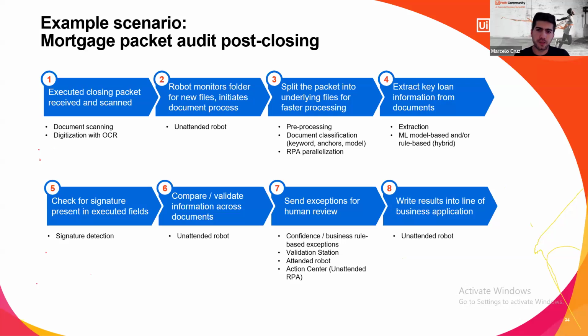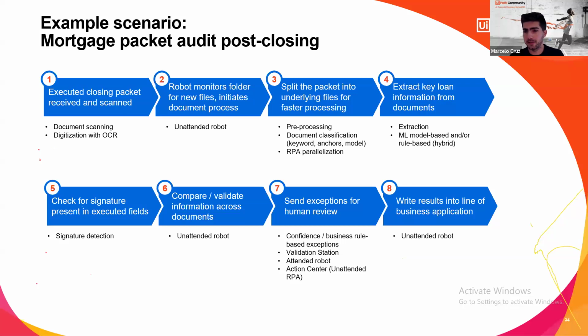So we take each document present in the packet and classify it accordingly. By splitting the packet into individual components, we can also process these documents faster and in a more efficient way. After classifying the documents, we know the documents that we are processing, so we know the data that we want to extract from them.